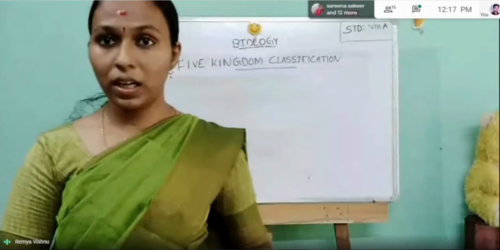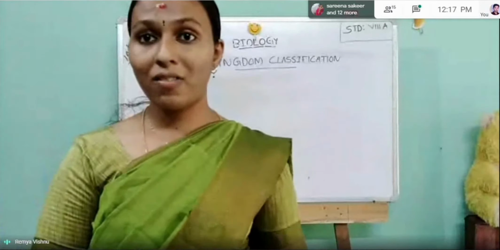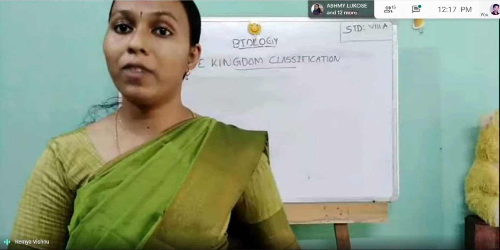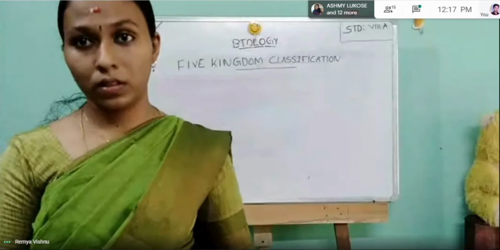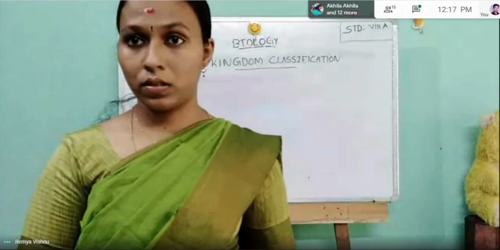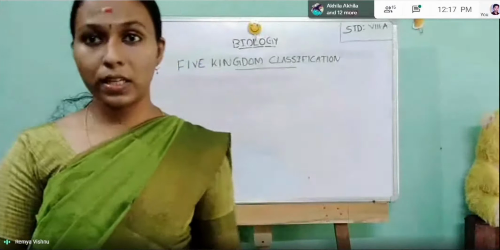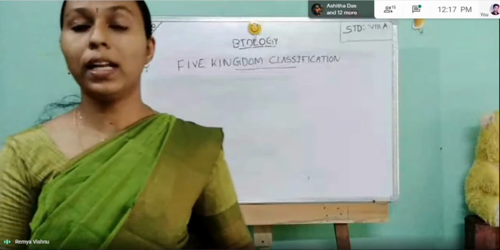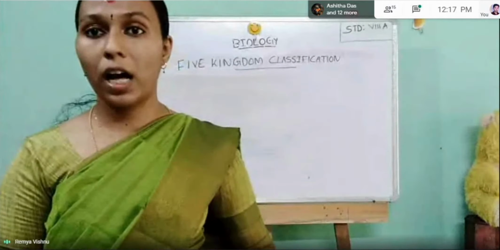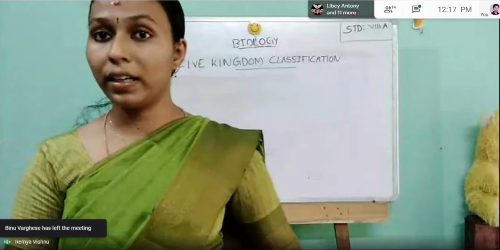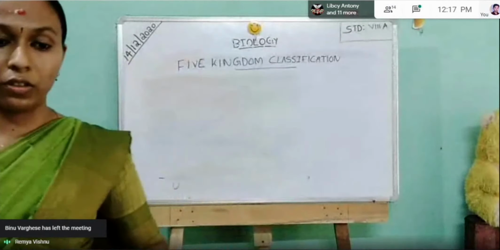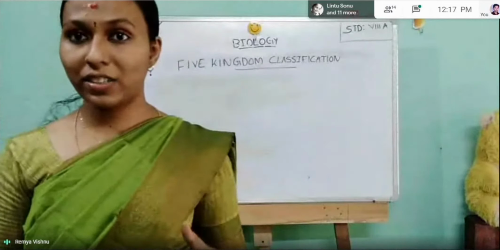And the next question is, what are the peculiarities of kingdom Fungi? The answer is non-motile, heterotrophic, unicellular and or multicellular organisms. Non-motile, heterotrophic, unicellular or multicellular organisms are included in kingdom Fungi. Okay, very good. So let me move on to the next activity.